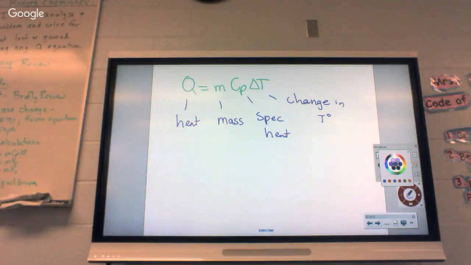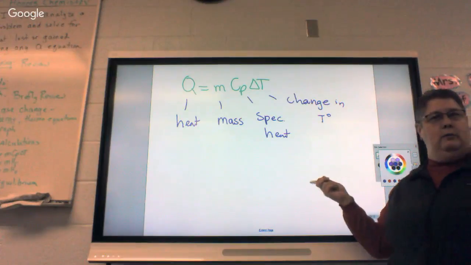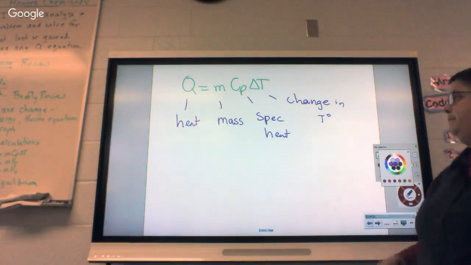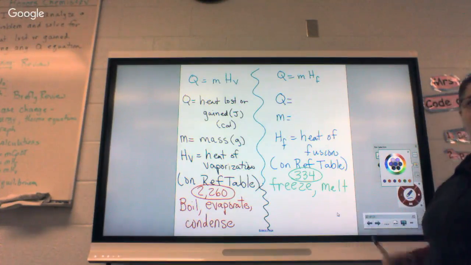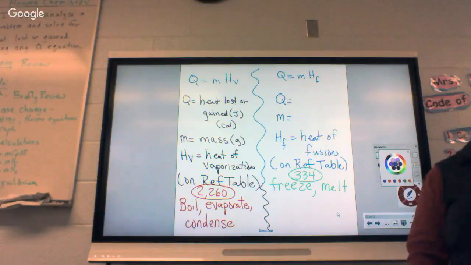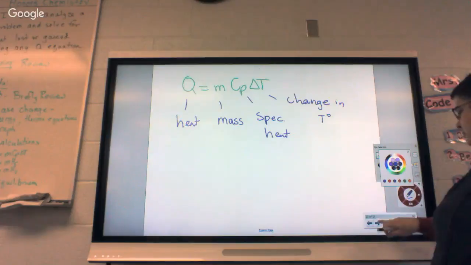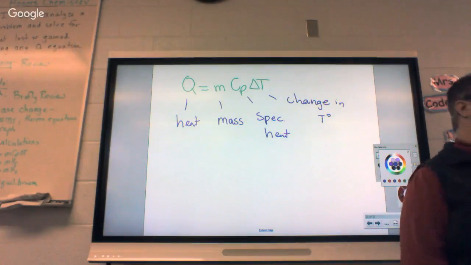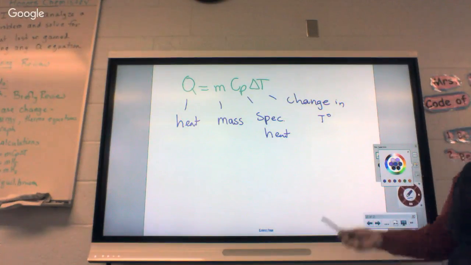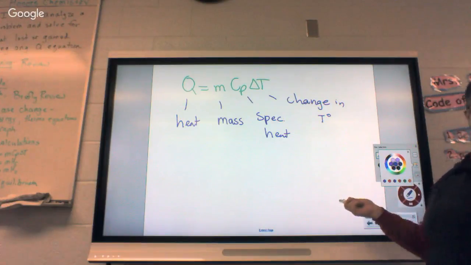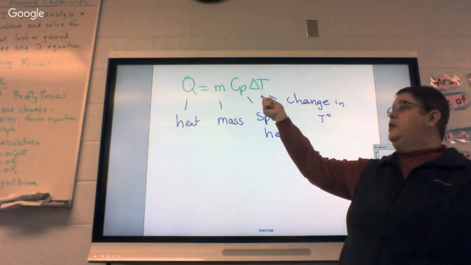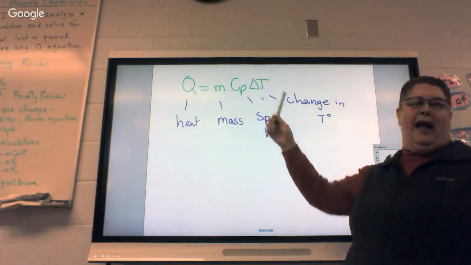Now, how is this formula different from these two that we just wrote down? There's one obvious difference. This one has a change of temperature, meaning you have to do what with the two temperatures? Subtract.